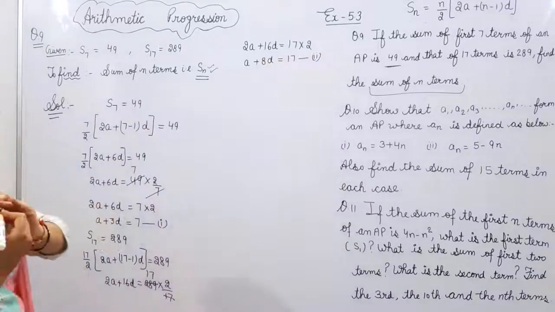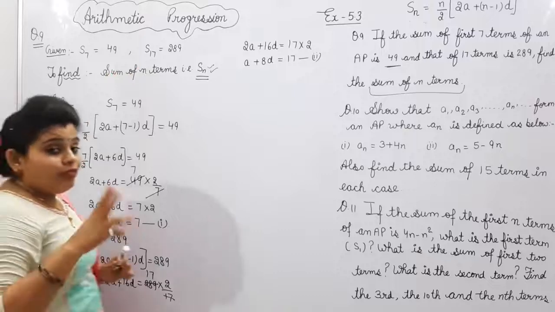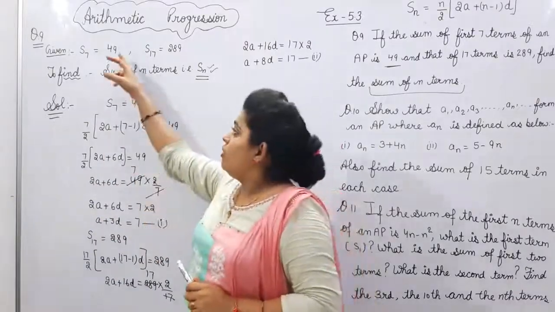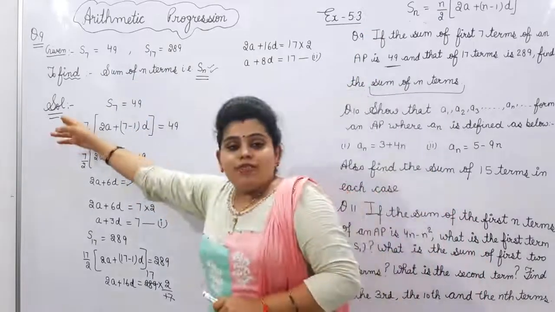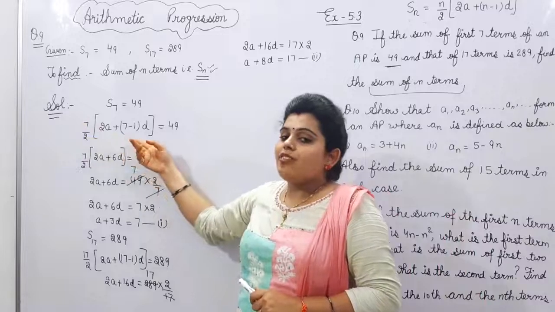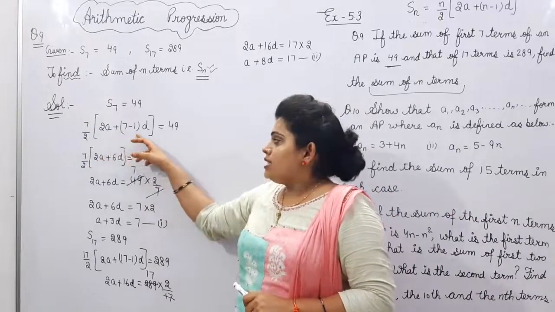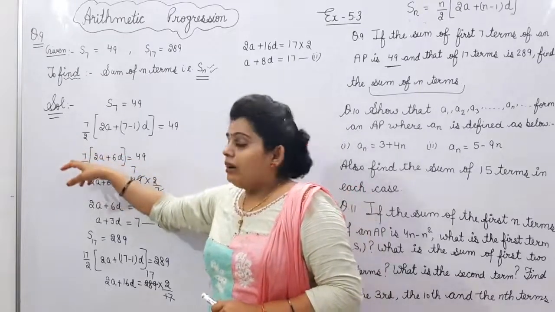Now dear students, from these two given conditions we have formed two equations. What are the given conditions? S7 is given, and this S7 is equal to 49. Using this formula, S7 will equal 7 by 2 into 2a plus 7 minus 1 into d, and it is equal to 49. 2a plus 7 minus 1, 6d, is equal to 49, and 7 by 2 is in multiplication.